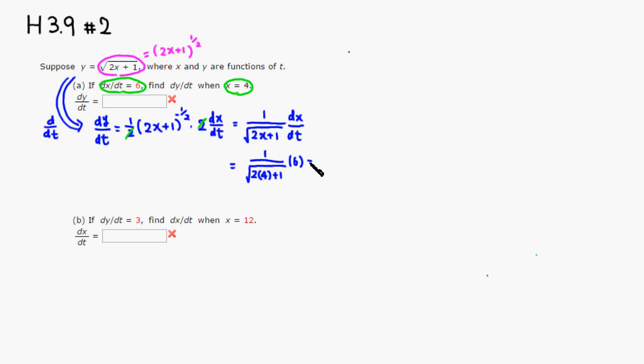So you have 1 over the square root of 8 plus 1, the square root of 9, so it's 3. 1 over 3 times 6, so 6 divided by 3, that's 2. So that's part A.